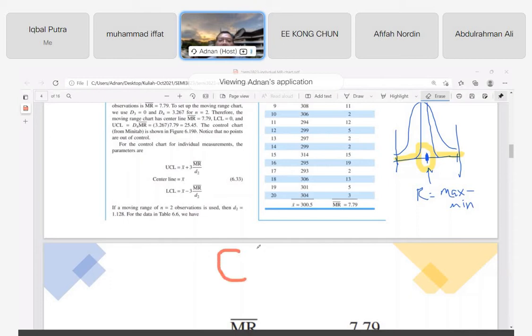The distribution of individual values may come from a non-normal distribution. It can be coming from, let's say, a uniform distribution.